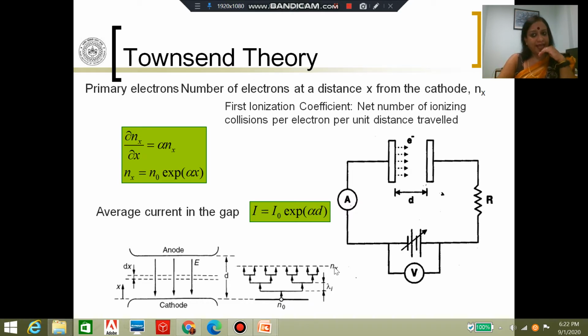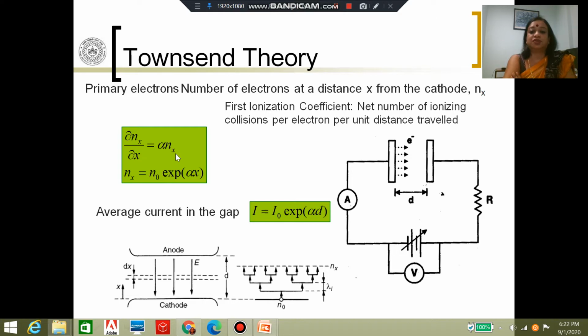At a distance x from the cathode, the number of electrons, let us say, is nx. If that is the case, then we can write this equation: del nx del x, which gives me the rate of change of the number of electrons with the distance from the cathode x, is equal to alpha nx. What is alpha?